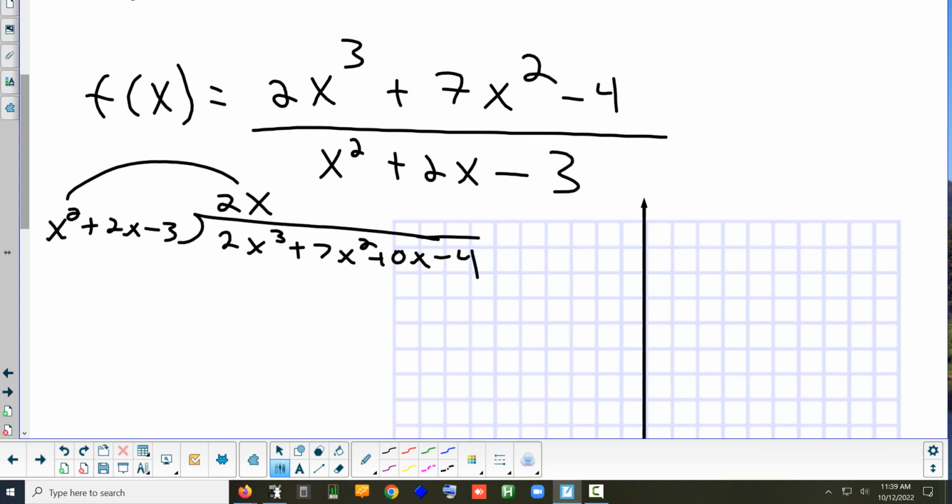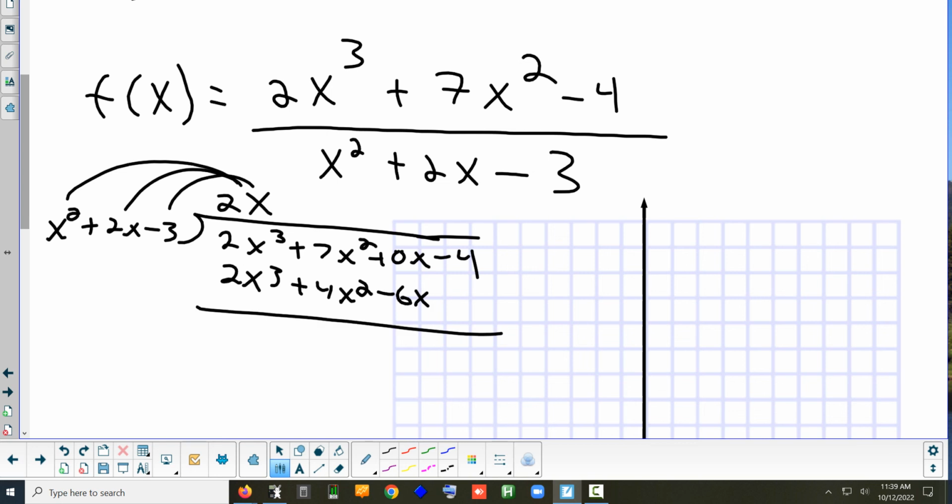What's 2x times x squared? 2x cubed. 2x times 2x is 4x squared. And 2x times negative 3 is negative 6x. And what do we do with these columns? Subtract. 7x squared minus 4x squared is 3x squared.